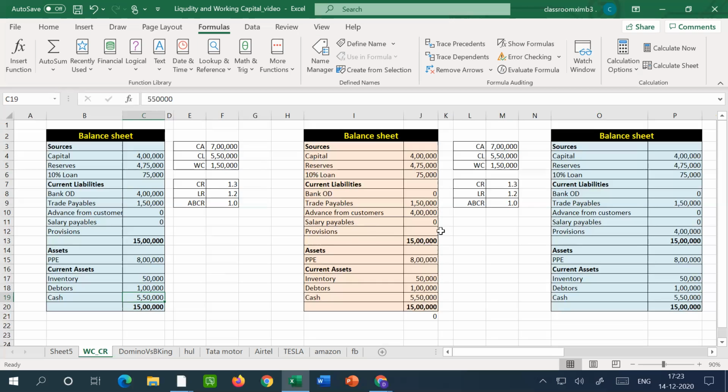Observe in the second case, the bank overdraft is 0, whereas the advance from customers is 400,000. Though the working capital is the same and the current ratios are the same, the composition of the current assets and current liabilities gives us a different picture here.